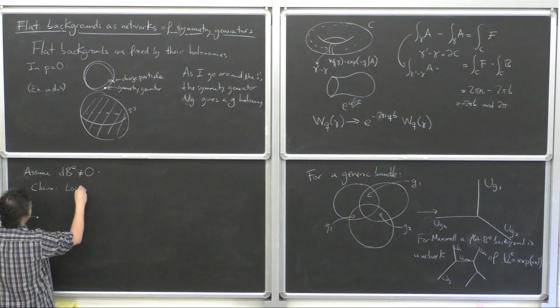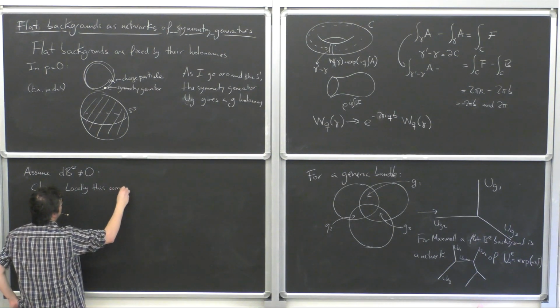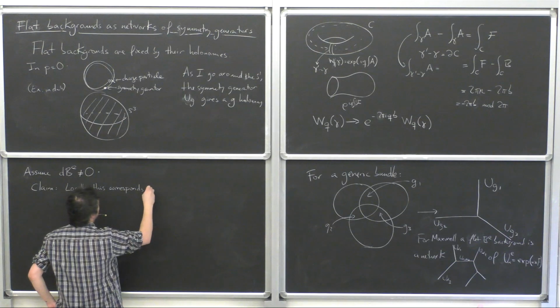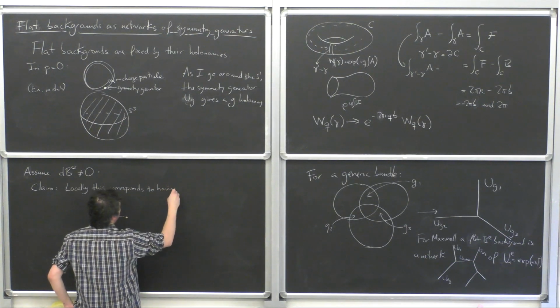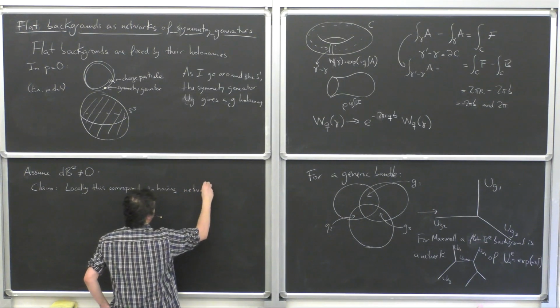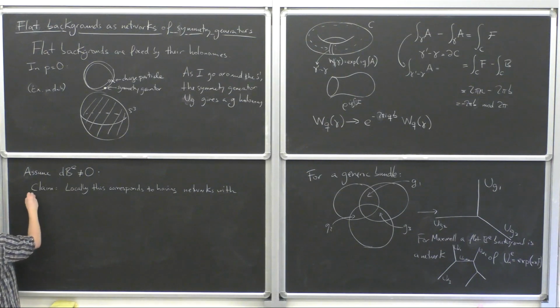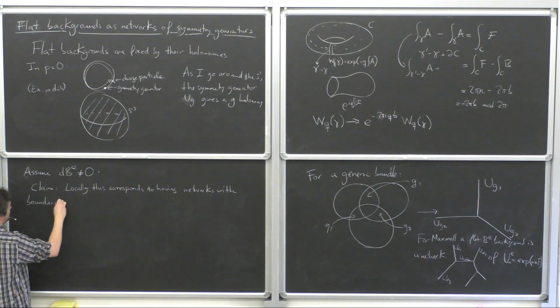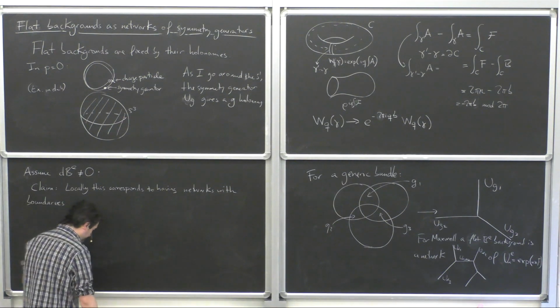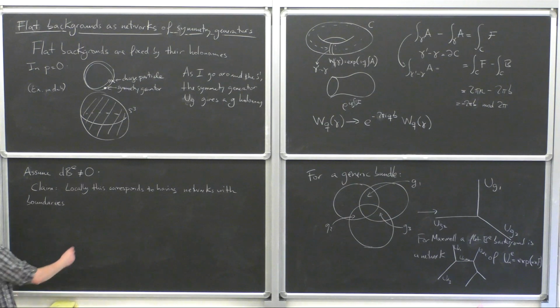is that locally, this corresponds to having networks with boundaries. So the picture is that I have a network.